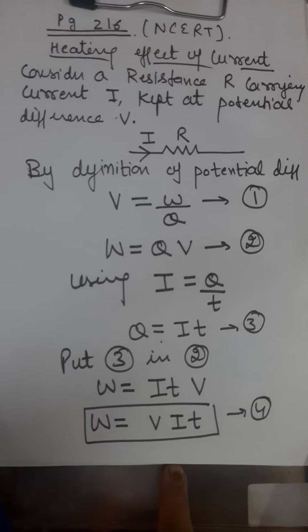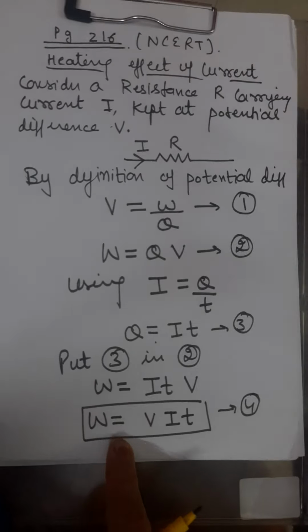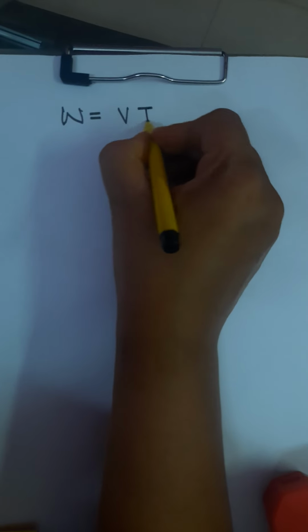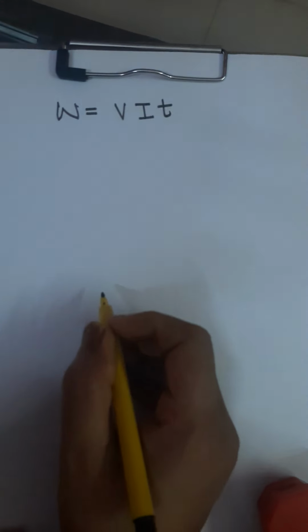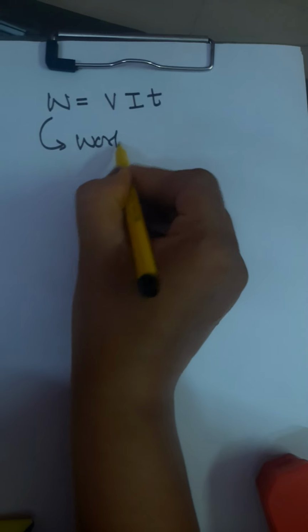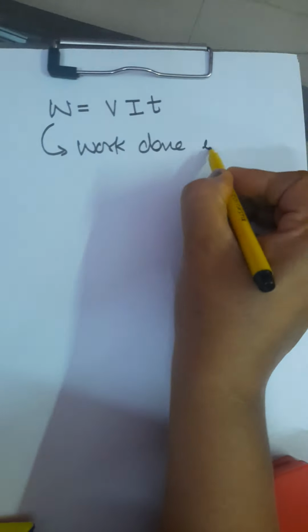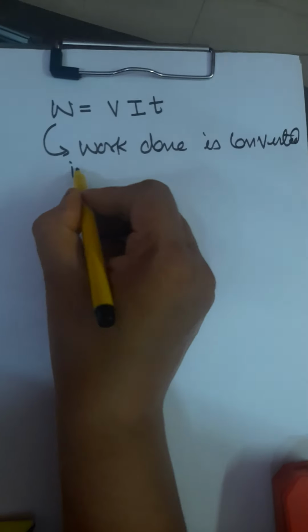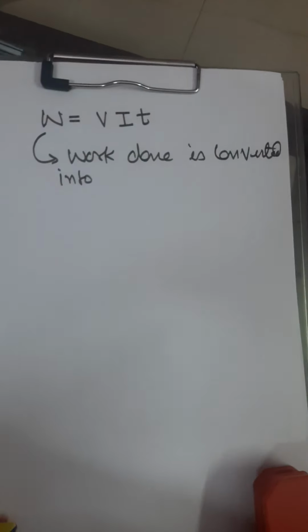Right? Now, children, work done is converted into energy. I derived the last expression, W is equal to VIT, and work done is converted into heat energy. Heat energy is a kind of energy, so energy and work done are equal.